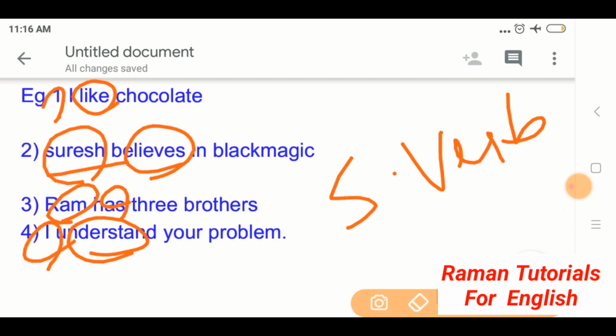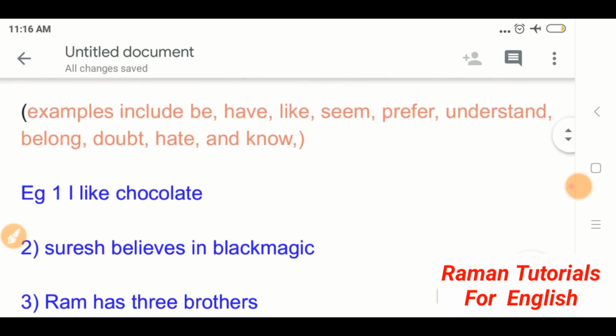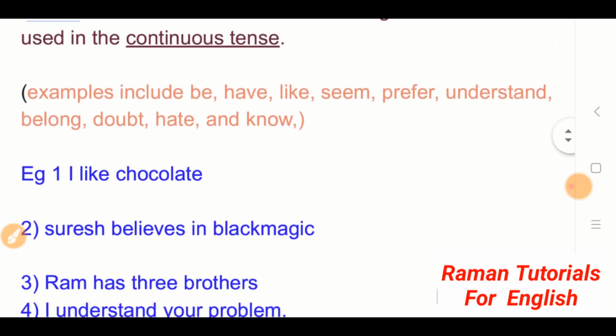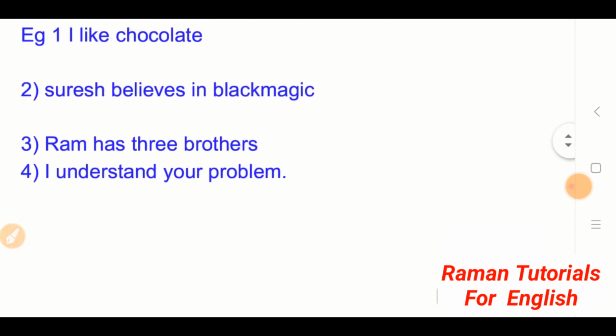Yes, is it clear? In these sentences, stative verbs are used in simple tense and they cannot be used in continuous tense. For example, I said they cannot be used in the continuous tenses.